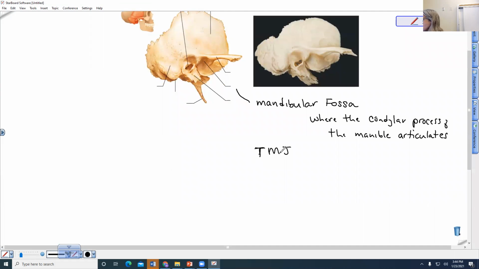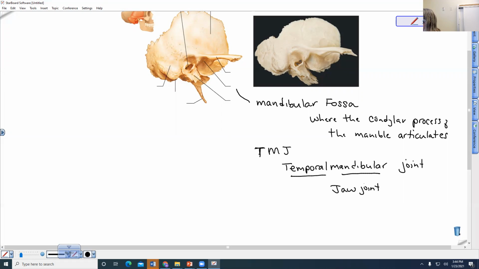So when we look at this TMJ, what does that stand for? That is the temporomandibular joint. So that is where the temporal bone comes together and articulates with the mandible, and this is your jaw joint, right?